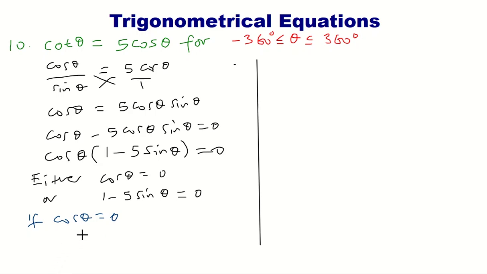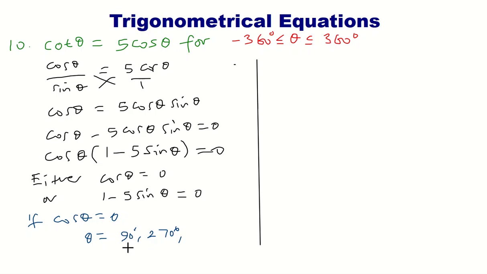This one we already did, and we found the values of theta. You can check in the previous examples we've done. We had the first one as 90, the second one as 270 degrees. Since we're expecting negative values, we get these and subtract off 360.